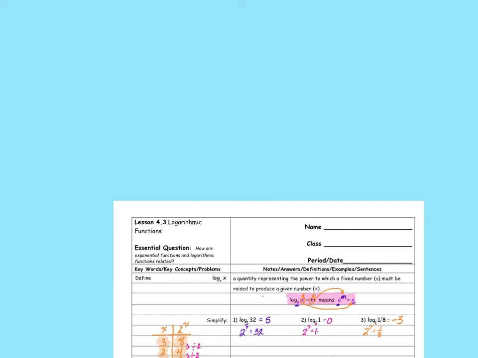If I have the nth root of a to the m, that equals a to the m over n. So if I have the square root of 100, that would equal 100 to the 1/2, and that equals 10. Okay?